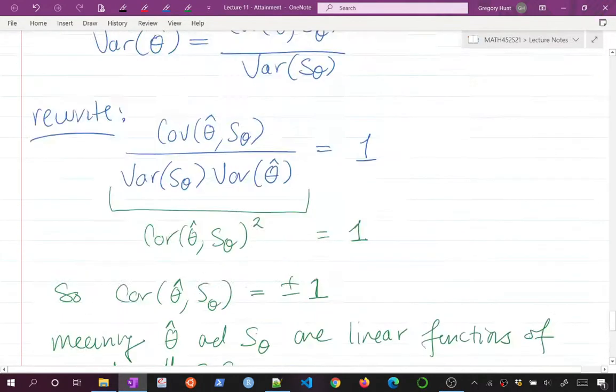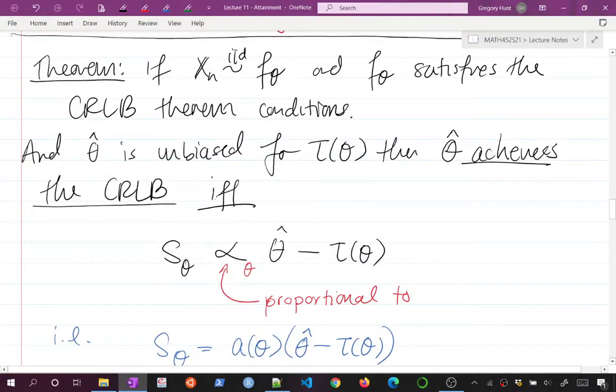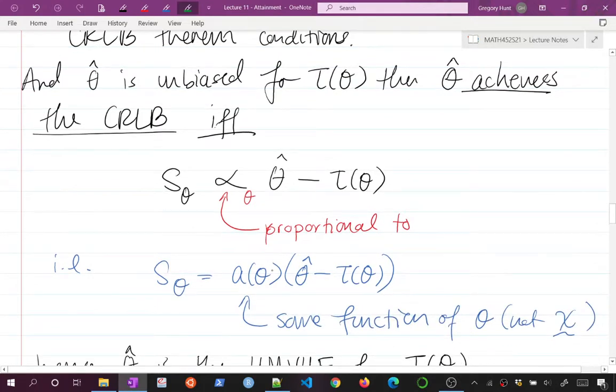So what we did, right? Let's just do a quick recap. The theorem says that some theta hat achieves the Cramer-Rao lower bound if and only if the score is some a times theta hat minus tau theta.